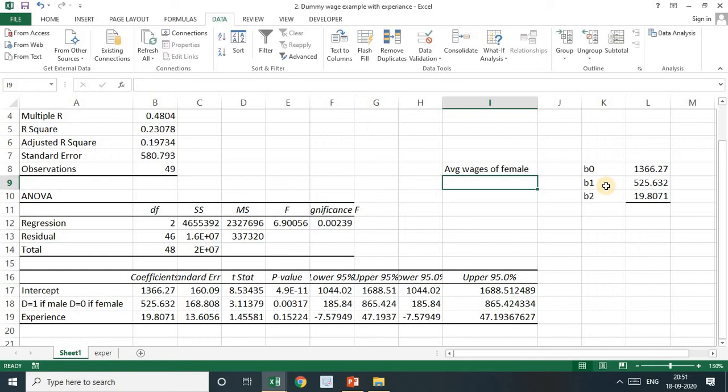Then what is beta 1? It is the difference in the average wage rate between 1 and 0, between male and female.